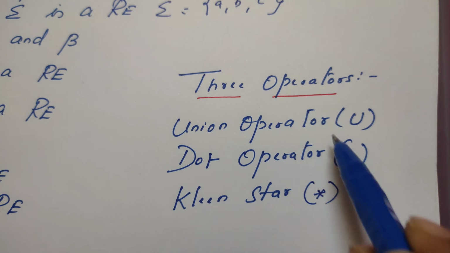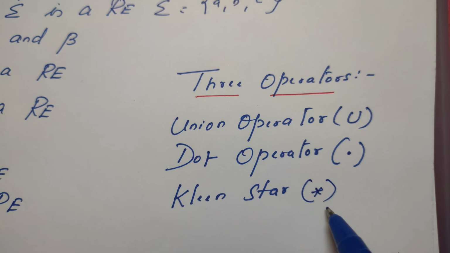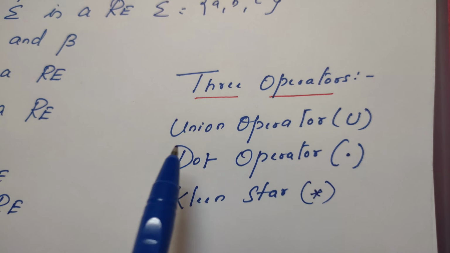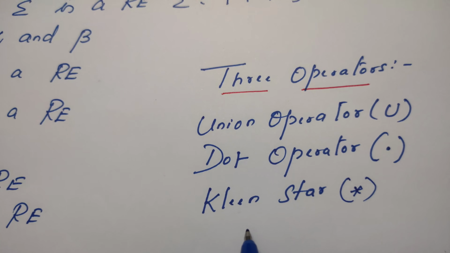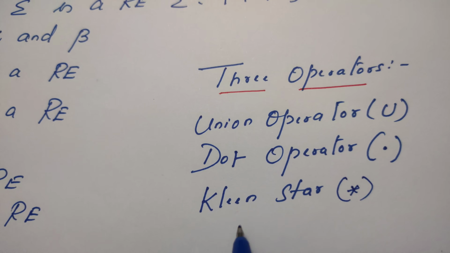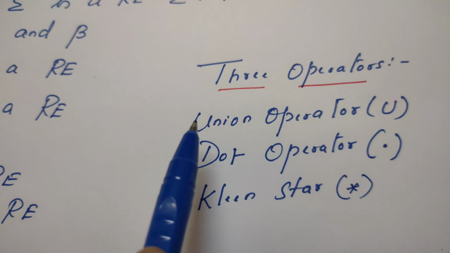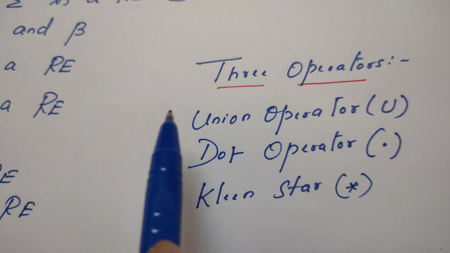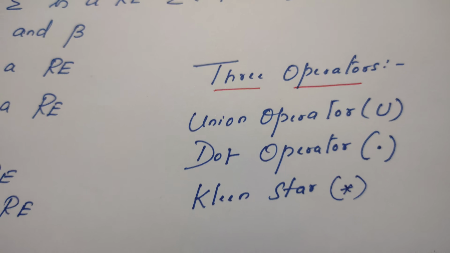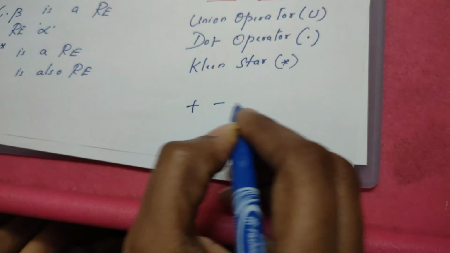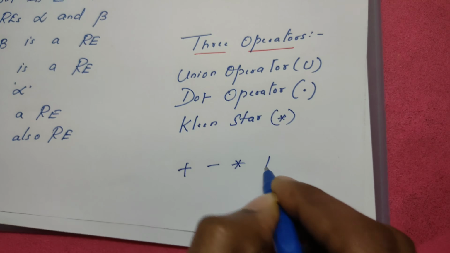I have given the operators in increasing order of precedence. In the sense, the union operator has the lowest precedence, and the Kleene star operator has the highest precedence. I can compare this regular expression with arithmetic expressions also. In arithmetic expressions, what are the operators we use? We use plus, minus, star, slash.